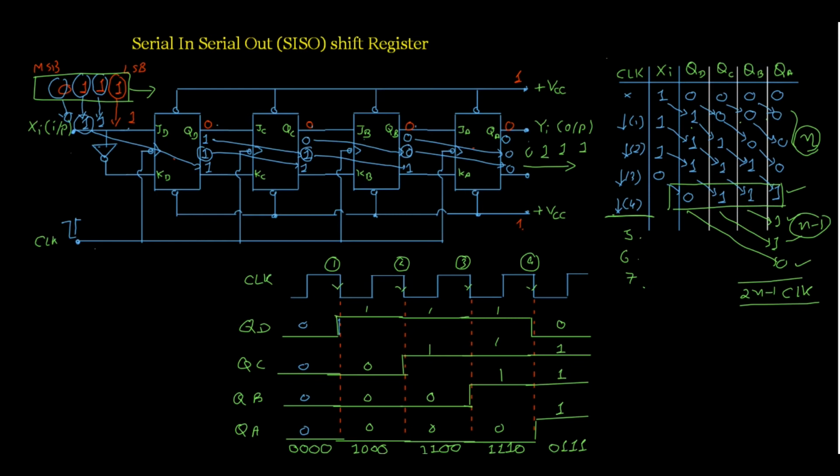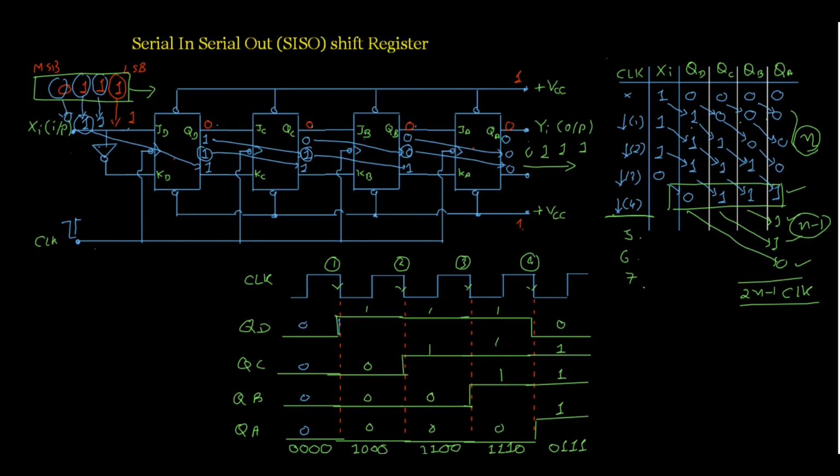The only disadvantage is that you require n clock pulses to enter the data and another n minus 1 clock pulses to get the output. Total 2n minus 1 clock pulses are required for shifting the data from left to right.